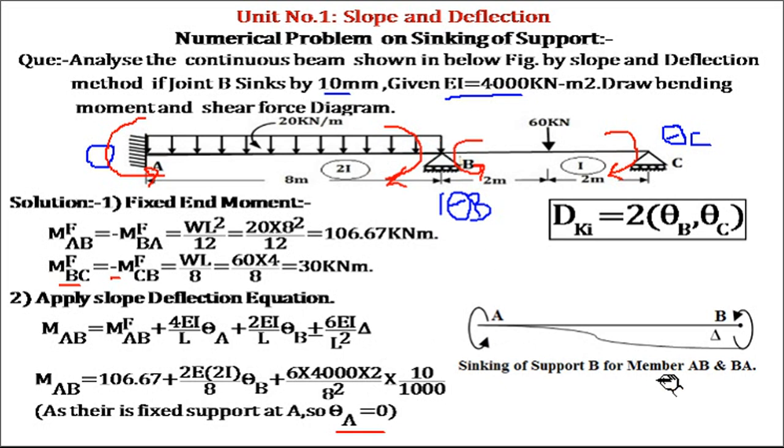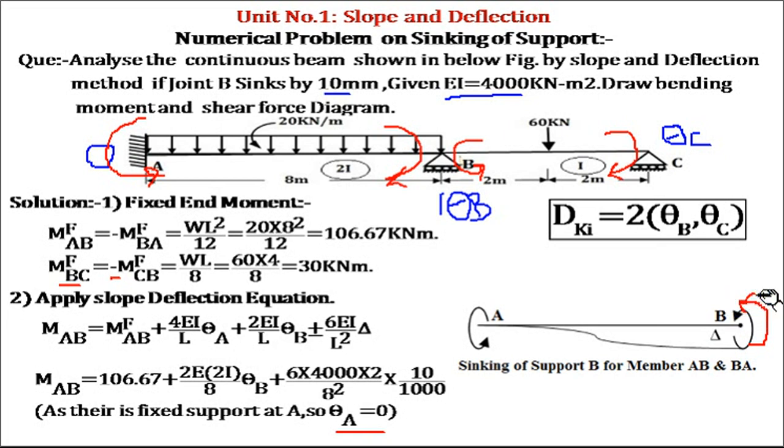Then in this numerical, they have given that support B sinks by 10 mm. Now we are assuming the sinking of the support downward. Now, as the deflection is downward, or the sinking of support B is downward, it will act like this.